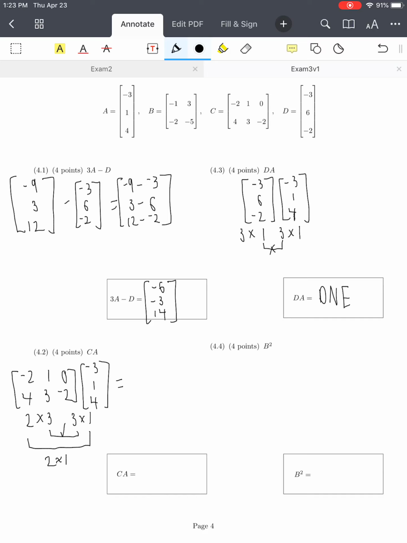So that's -2 times -3 is 6, plus 1 times 1, plus 0 times 4. Then 4 times -3 is -12, plus 1 times 3, plus -2 times 4. So this gives a 7, and then -12 plus 3 minus 8 is -17.